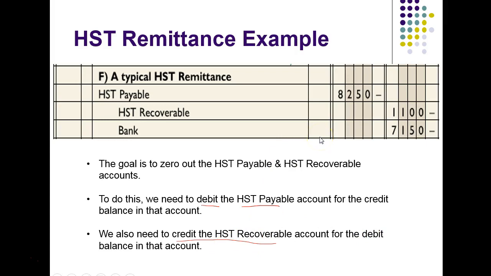So here you can see this should have a debit here and then a credit here. Okay, and so we debit this account and we credit this account, and the difference is the amount that we remit to the government.